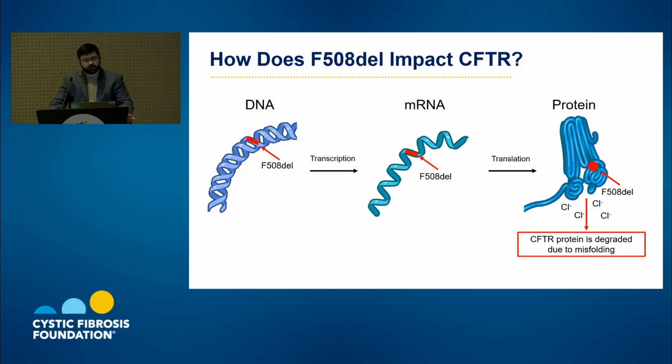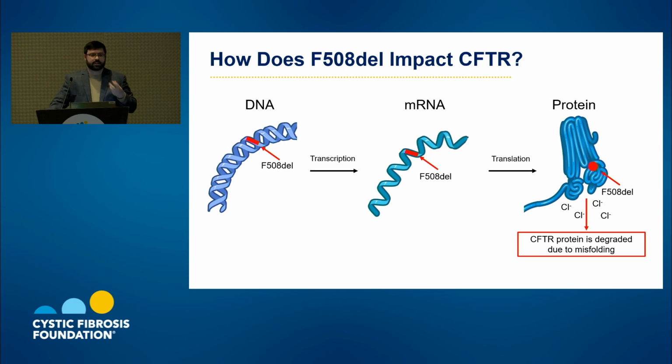So let's take a look at how one of these mutations affects the protein ultimately. We'll just start with F508del. You have your mutation in your DNA, it's retained in the mRNA, and ultimately it's retained in the protein. But in this case, because of that mutation, the protein can't properly fold into the structure that it needs to be in order to function properly.